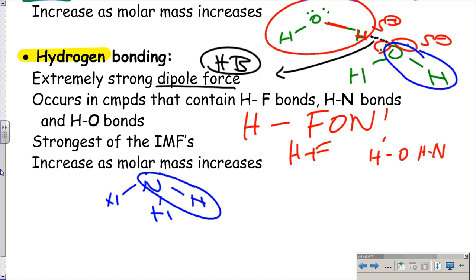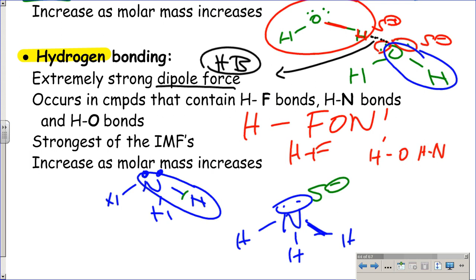So it's classified as a hydrogen bonding situation because this nitrogen and hydrogen are going to be attracted to another nitrogen, hydrogen. So this nitrogen with a partial negative up here is going to be attracted to this hydrogen, which has a partial positive. So the attraction here is a hydrogen bond.